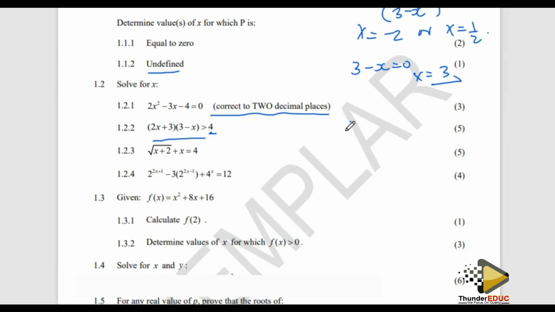So what I'll start by doing, I'll say 2 to the 2x plus 1 can be written as 2 to the 2x times just the 2 to the 1. Minus, when I split up that, I have 3 times 2 to the 2x multiplied by 2 to the negative 1. And then break down the 4 to a base of 2. That's going to be 2 to the 2x is equal to 12.